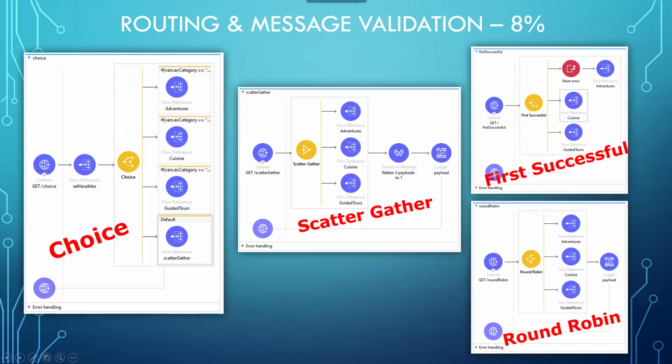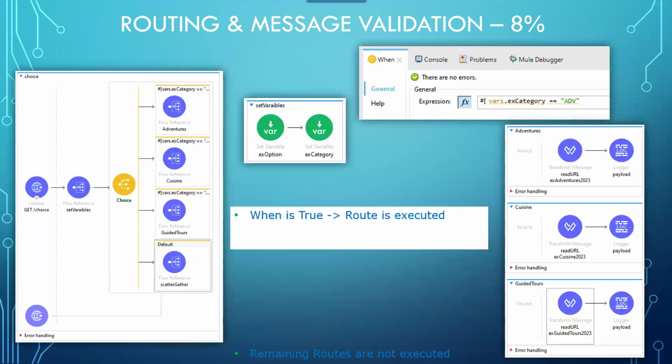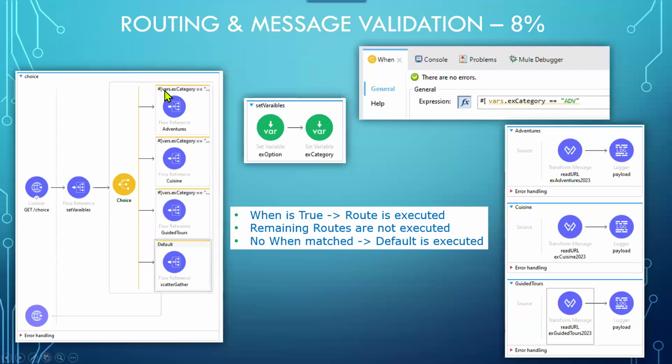So let's take a look now. We're going to dive a little deeper on each of these. I call these the when clause because it is a when, like when something occurs. In this case, we're using an expression, and we're saying if the excursion category is equal to ADV for adventures, then you're going to run this route here, and it'll flow reference over to the adventures.